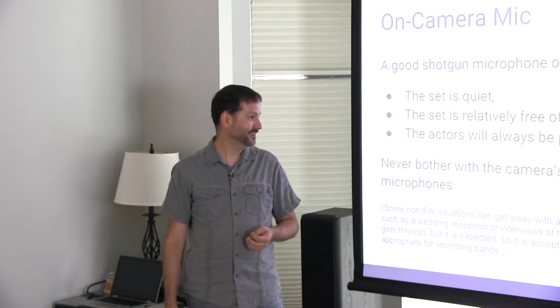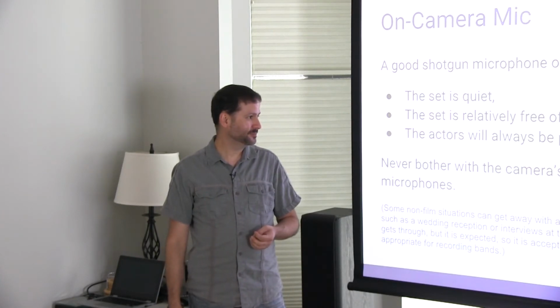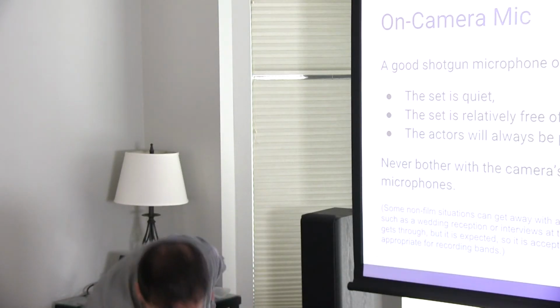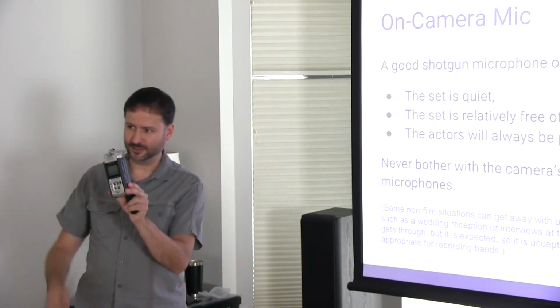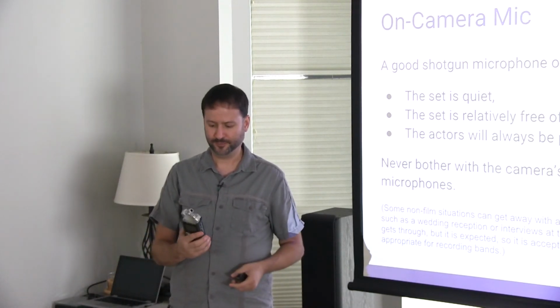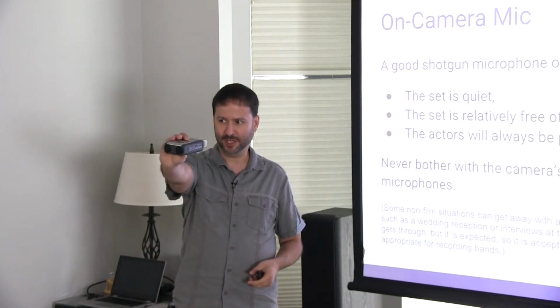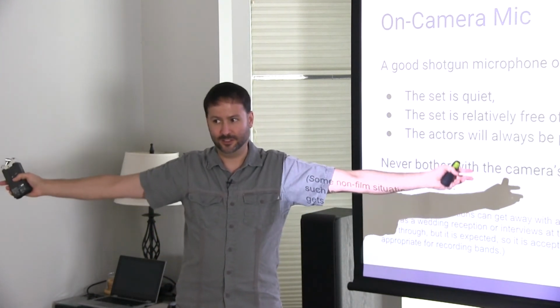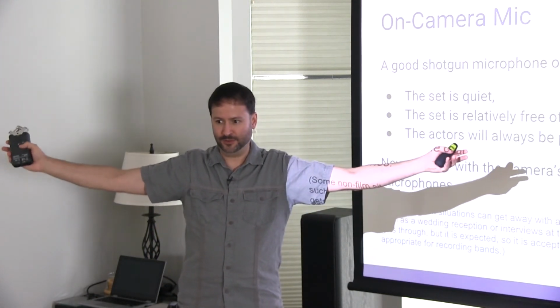But anyway, we were talking earlier about the XY microphones, which is what this configuration on the top of this recorder is called. If you put that on the camera, you're basically getting a really wide stereo image of the room.